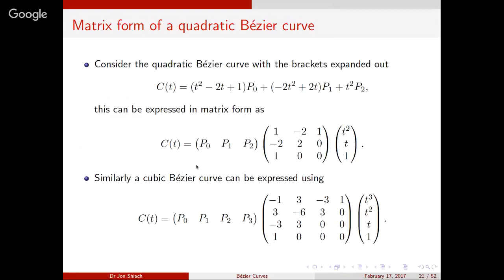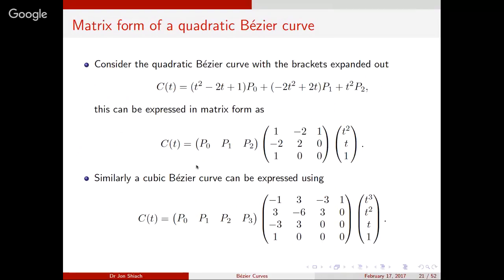So what we want is, if you look at the t squared, we want t squared times p0. We've got minus 2t squared, and then we've got t squared. So that takes us down. It also takes us across. The easiest way to look at it is the first row of the matrix M is the coefficients of t squared.